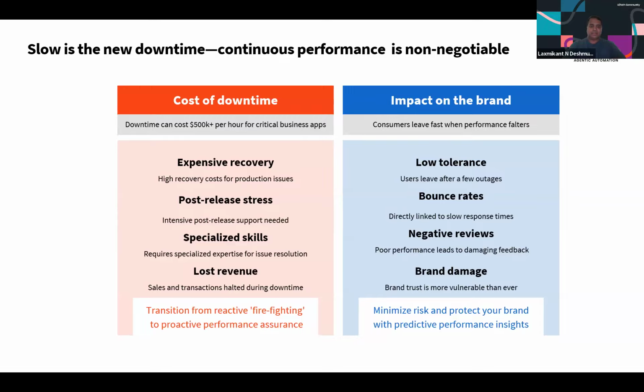We need specialized expertise for performance testing, for the issue resolution, if there are any outages, any downtimes, and all these things are coming with a cost, and that is eventually taking the brand to losing the revenue. So the transition from reactive firefighting to proactive performance assurance is highly costly, and it is basically impacting the brand. Brand is getting damaged, trust is getting damaged, and it's more vulnerable than ever before, right?